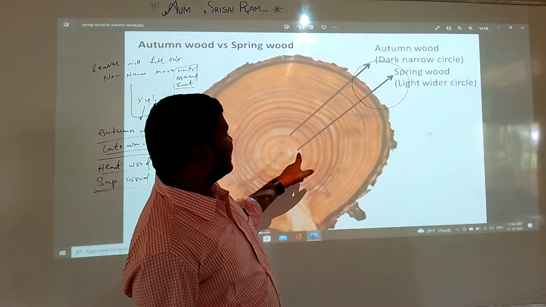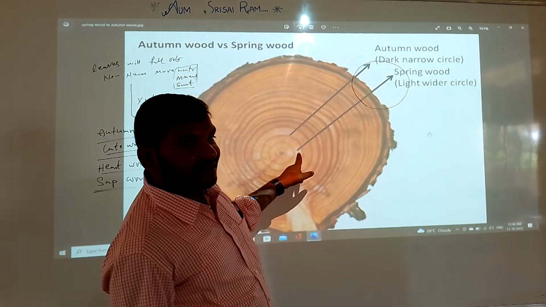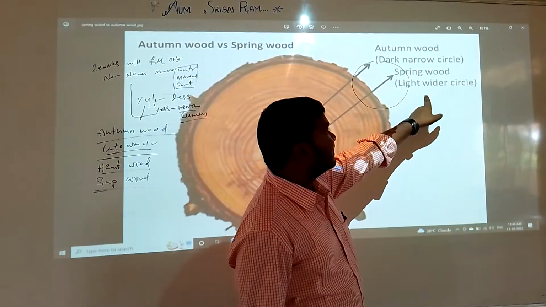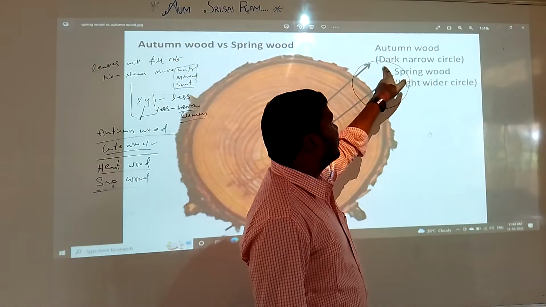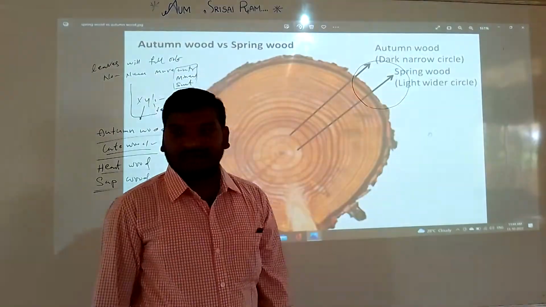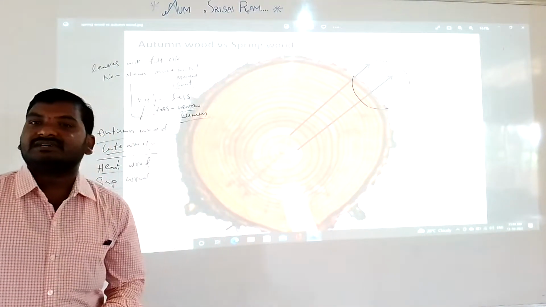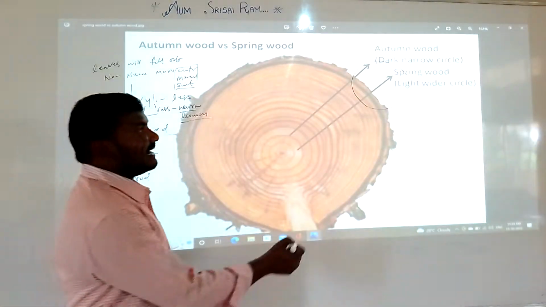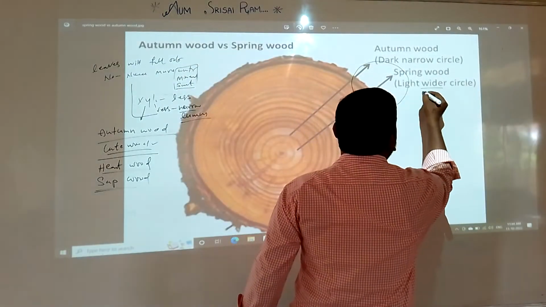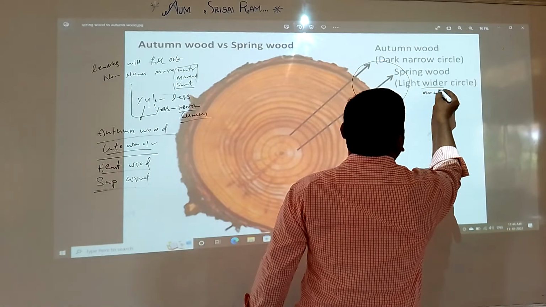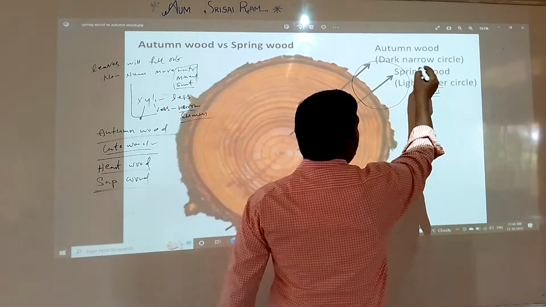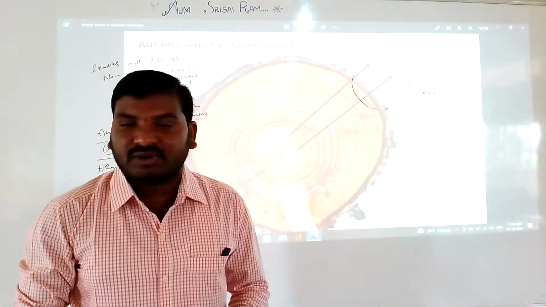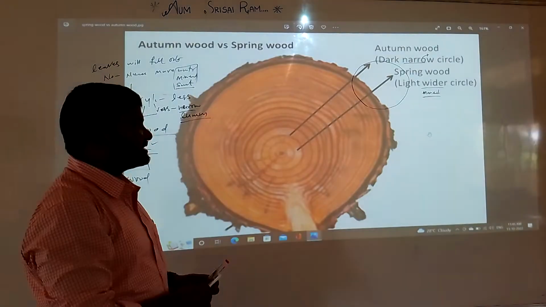Is spring wood light color or dark color? Light color, a light wide circle. And autumn wood is a dark narrow circle. There is a reason. Why is it wider? It requires more transportation of water. Why is it narrow? It does not require more transportation of water. That's why the difference is observed.